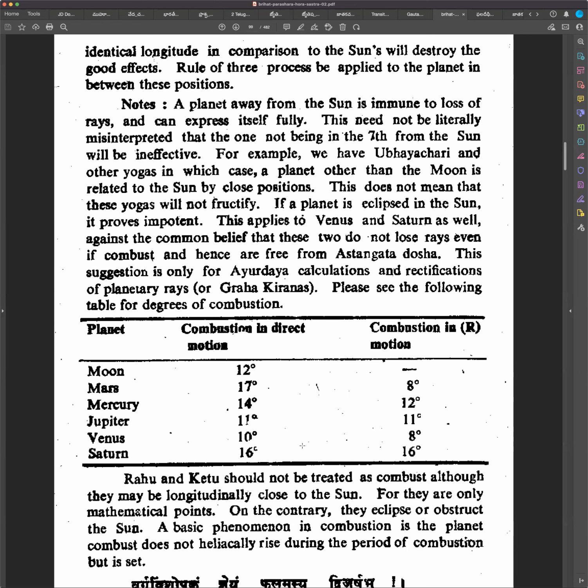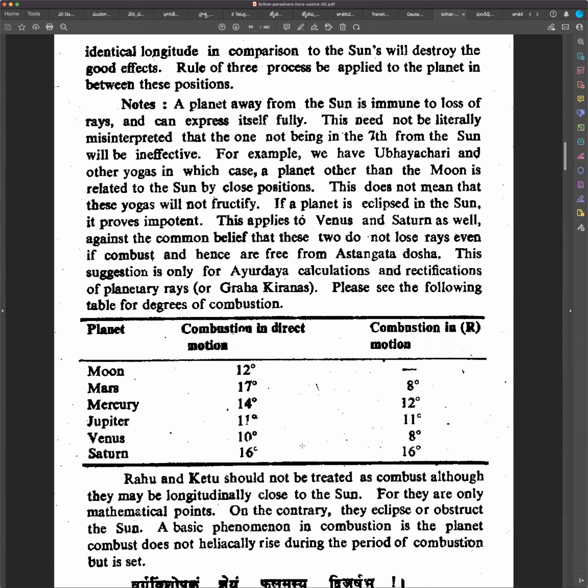Now the Sun will take over. The Sun will give what the combust planet would give. So accordingly, we need to say the results. If it is a friend, like Jupiter, Moon, Mercury are friends to the Sun, these planets will give because they are friends.